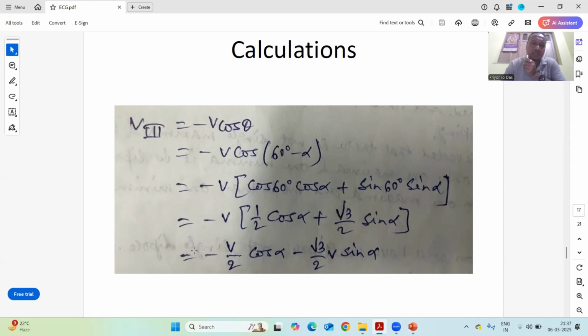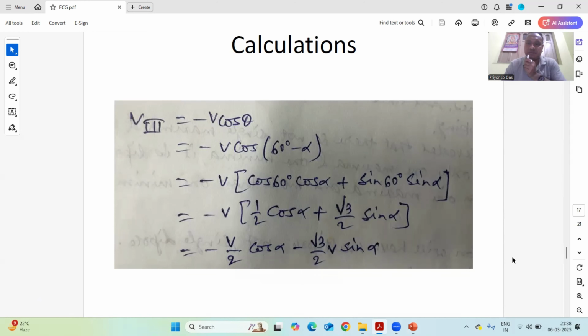Such that finally, after multiplying V with both the components, I get minus V by 2 cos alpha minus root 3 by 2 V sine alpha, so that the value of V3 I get is minus of V by 2 cos alpha minus root 3 by 2 V sine alpha.